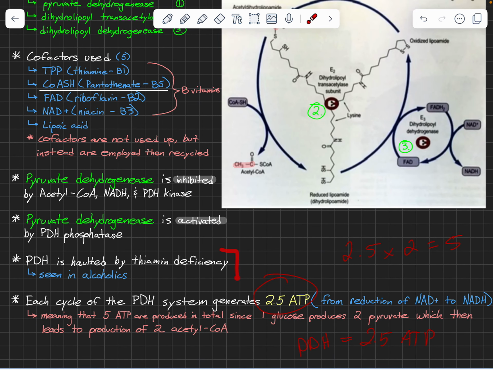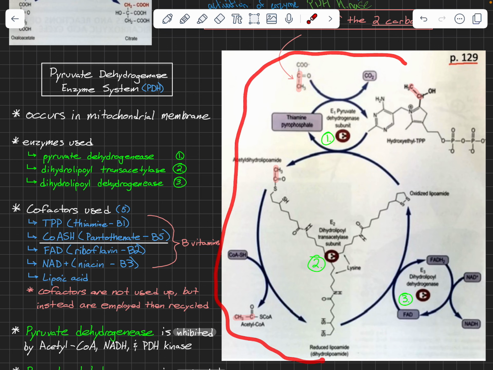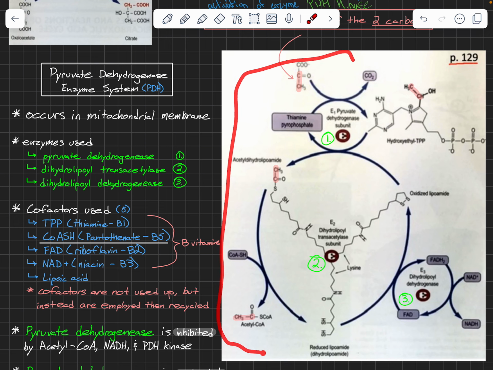Furthermore, thiamine has another important role in the PDH system. Right now, this diagram right here, I do not remember looking at it too much. And again, go and look for problems that might involve some of these inner functions right here.